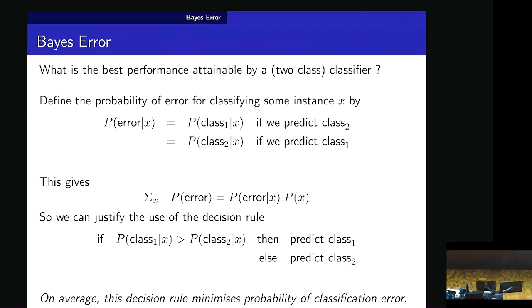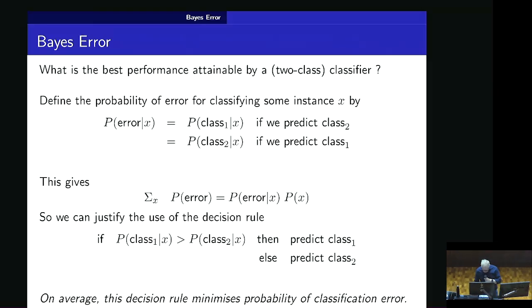It would be low if the probability of class 1 given x is low, right? So if you do the wrong thing, then the error probability depends on the probability of the thing that you should have done, right? And that's the intuitive idea. And there are two versions, obviously, because you've got two classes. So if you predict the wrong class, your error must be the probability of having done the right thing, okay? Hopefully that makes sense.